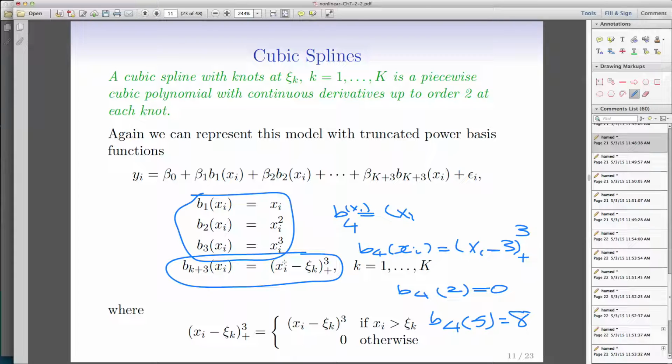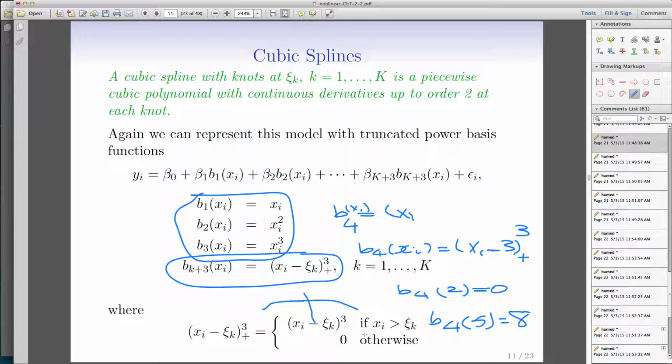Something great about showing it in this way is that if your function is continuous at psi k, any knot, also the first order derivative will be continuous, and also the second order derivative. So that's why when you use cubic splines, right on your knot everything is very smooth.